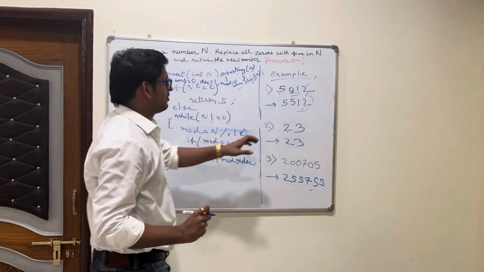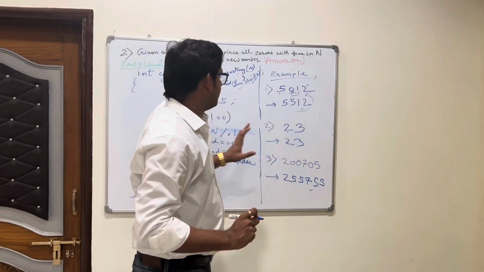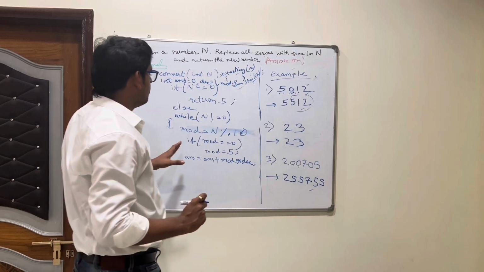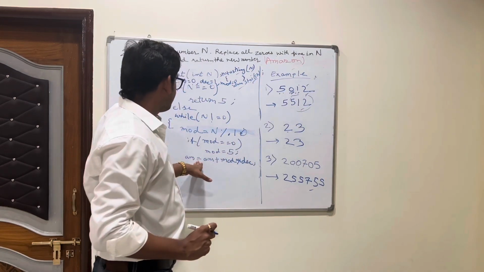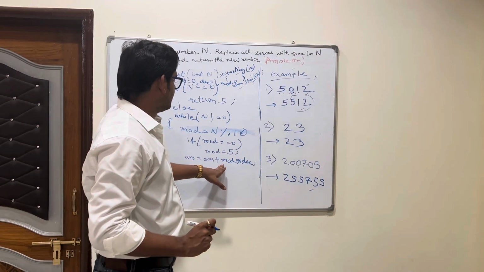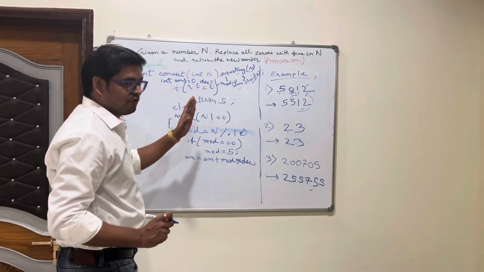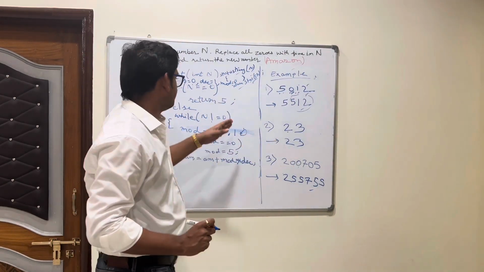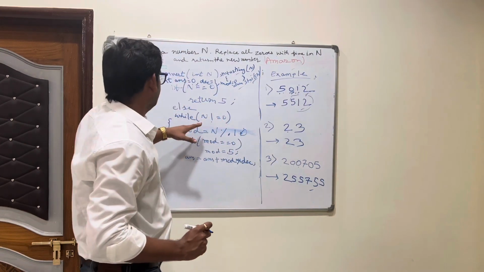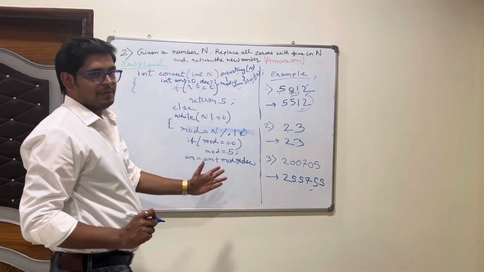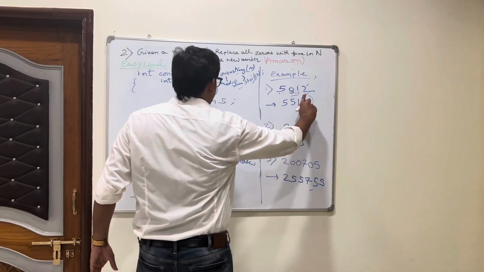So here, if suppose only 2 was the number given, so 2 mod 10 would be 2, and our answer would be answer plus 0 plus 2 into 1, that is 2. And then 2 will be divided by 10, 2 will become 0, and we will break this loop, and now we will be returning. But our question is 5012.